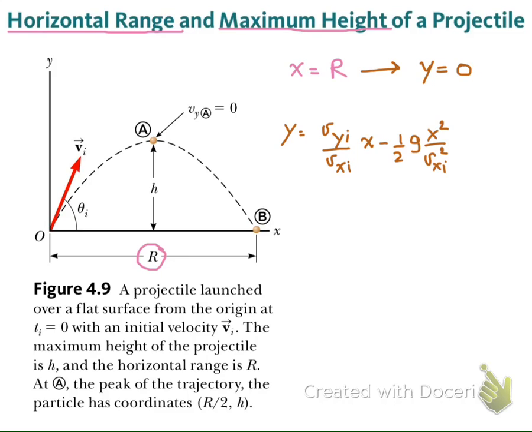And if we take y equal to 0 here and solve for x, we will have that 0 is equal to vyi over vxi x minus half of g x squared over vxi squared.